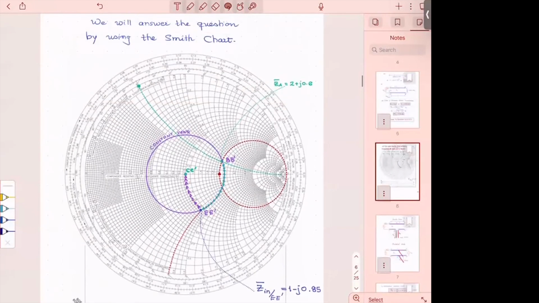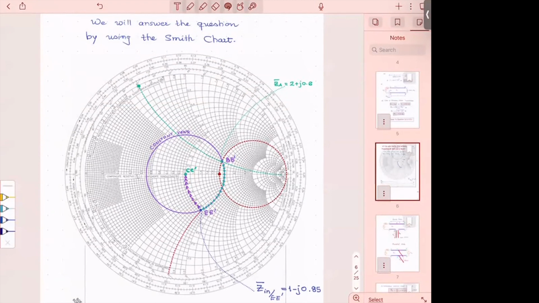Therefore, definitely I have to move less than half a wavelength. I'm not gonna go around. I have to move the shortest possible distance because we try to minimize distances in a practical way. I will move the shortest possible distance that can eventually get me here. Okay. So if I move here, then you can get me to this point.